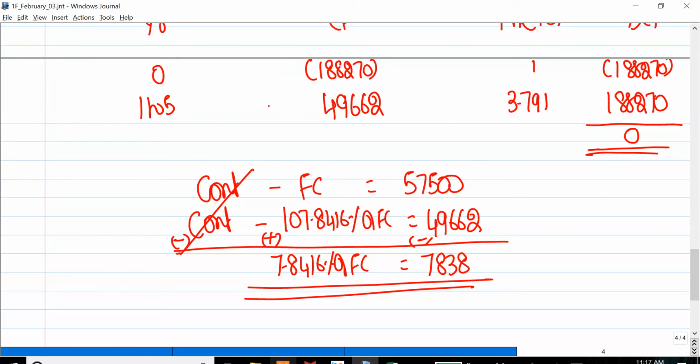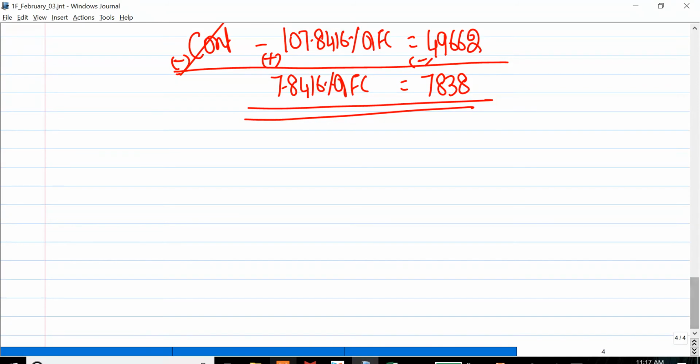Any doubts on this? Next point. Hence 7.8416% of fixed cost is equal to 7838. Any doubts on this? Be very clear on the logic.